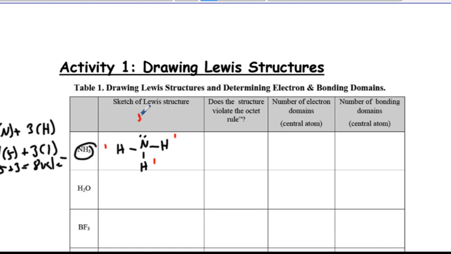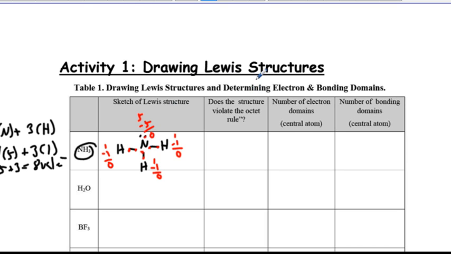Nitrogen is in group 5, so we take a look at the number of electrons being involved here. This H has 1 electron involved, so that's going to give us 0. Same thing with this H, and same thing with this H. So the H's are good. Nitrogen, how many electrons does it have involved in this structure? 1, 2, 3, 4, 5, so it's good. So this structure looks good.